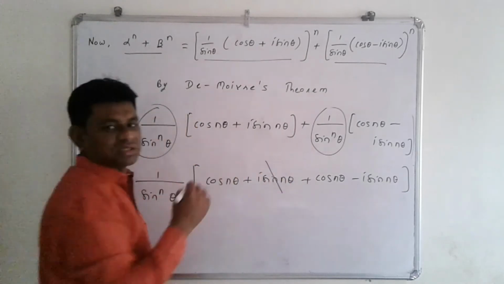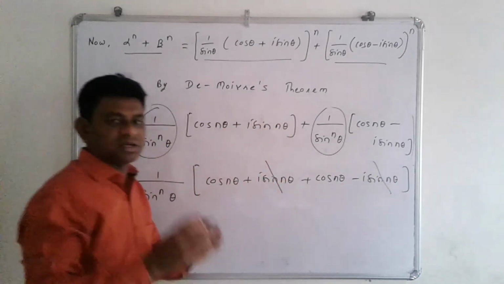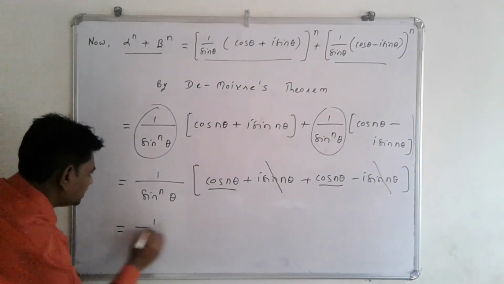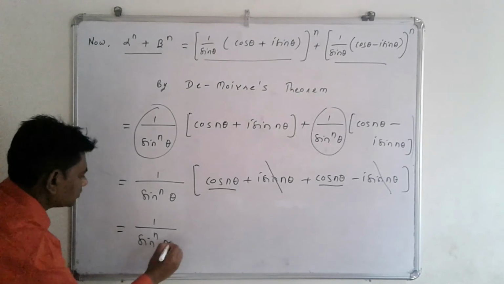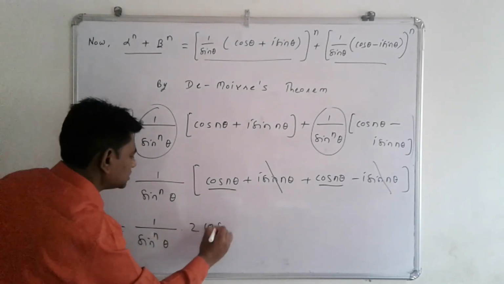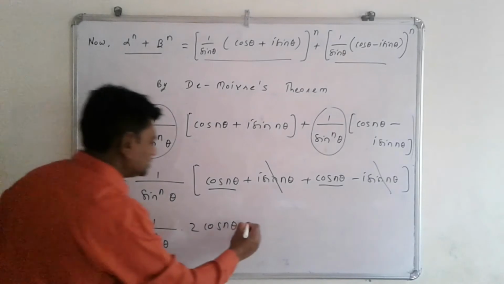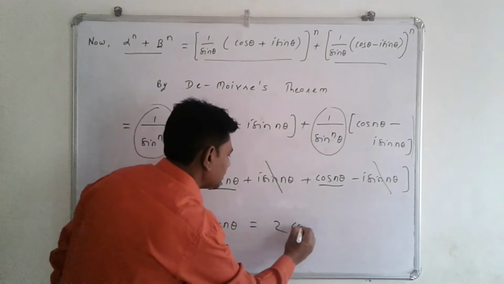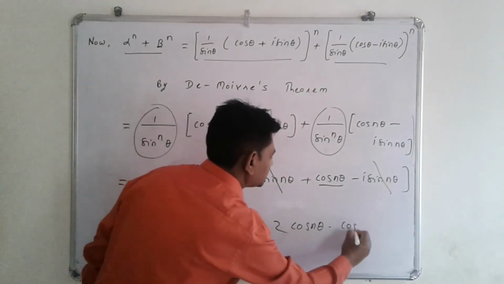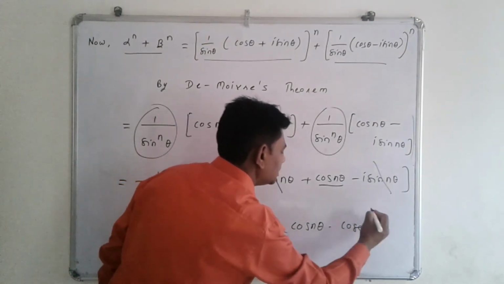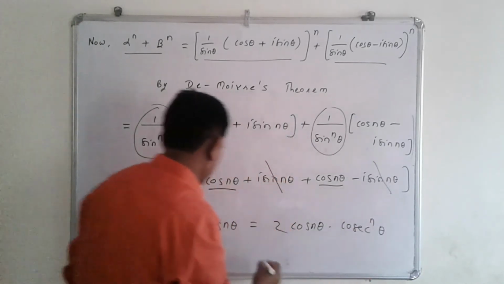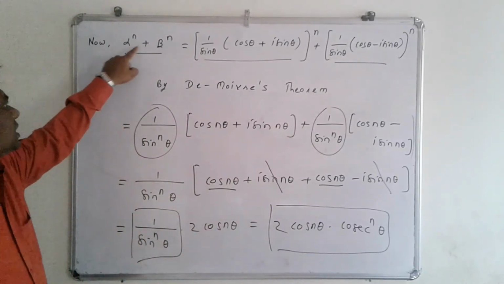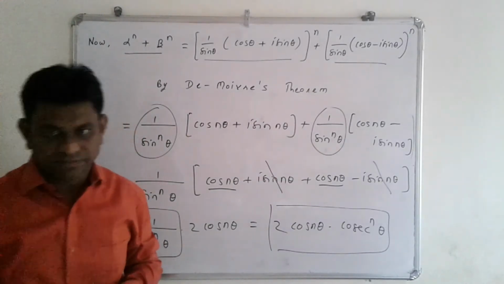Now plus i sin n theta and minus i sin n theta get cancelled, and cos n theta plus cos n theta, answer is 2 times cos n theta, and this is equal to 2, and 1 upon sin n theta, answer is cosec theta to the power n, means cosec n theta. So this is the required answer of alpha to the power n plus beta to the power n.